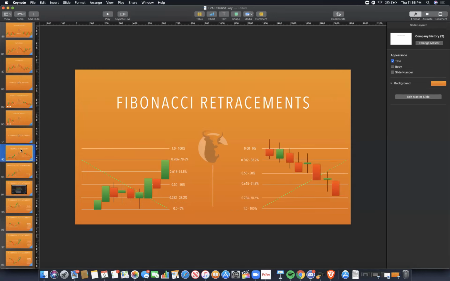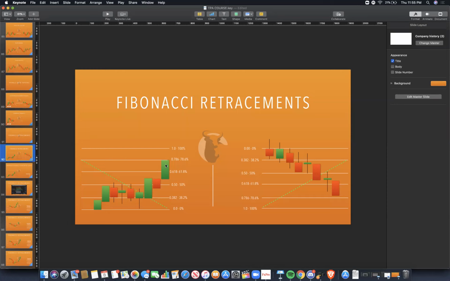So first things first, Fibonacci retracements serve as a measurement of the retracement of the previous trend. If the market was going down and then all of a sudden started going up, you'll be able to understand, based off the previous trend, how much in percent the market retraced. Was it a full retracement?